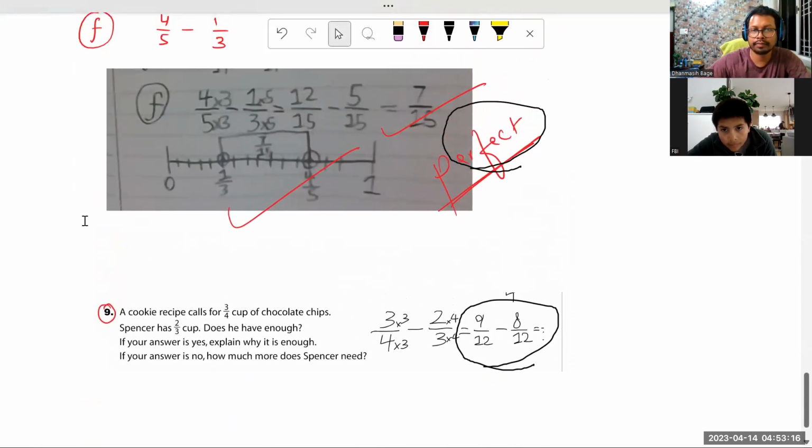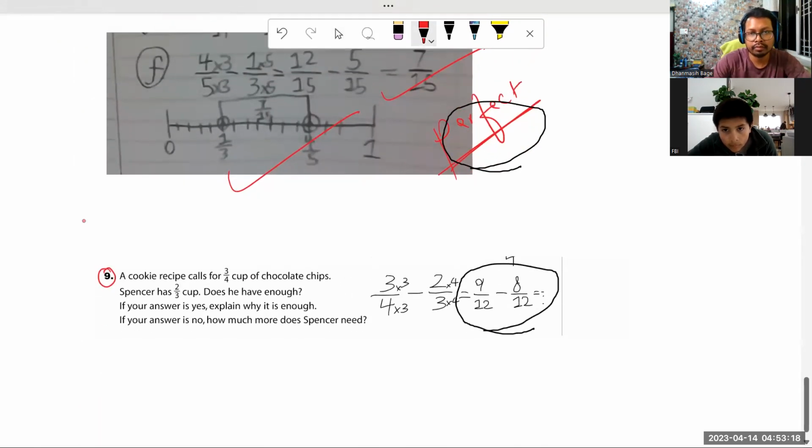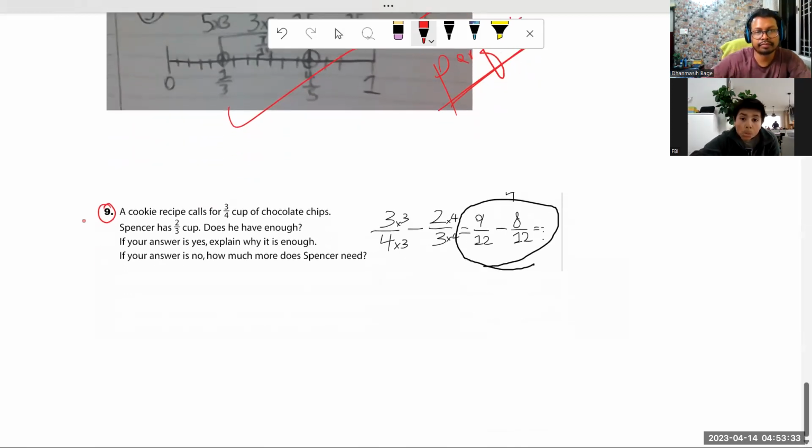So you have marked it. A cookie recipe calls for this thing. Does he have enough? What is the answer to this question?